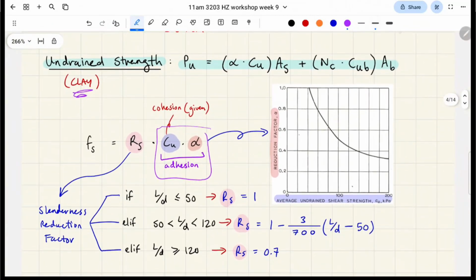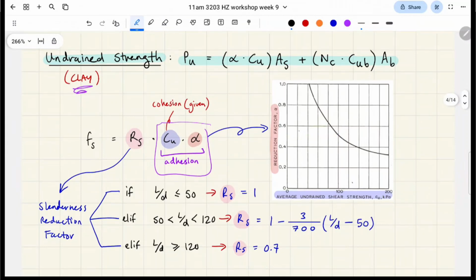How you find adhesion is literally, say you have 100 kPa of cohesion, which is given in your question. You go up to the line, you bounce off of it, and then whatever value you get there on the left, that's your reduction factor. You multiply the cohesion by that. And this graph is really nice to read because it's not logarithmic or anything, so each of these lines is just linear, right?